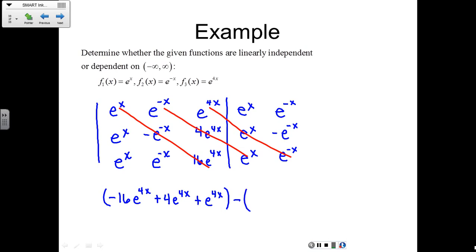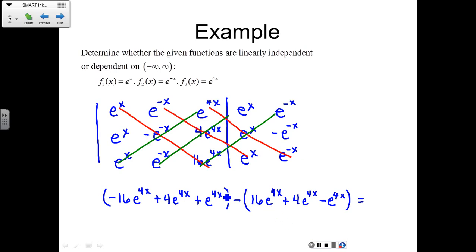Okay, and the backwards diagonals, let's see what we get there. Y'all probably ahead of me. It's going to be 16 e to the 4x. Cancel out plus 4e to the 4x. And then this will be negative e to the 4x. And that doesn't equal 0, does it?